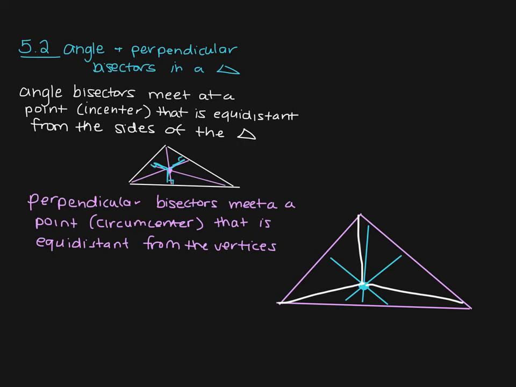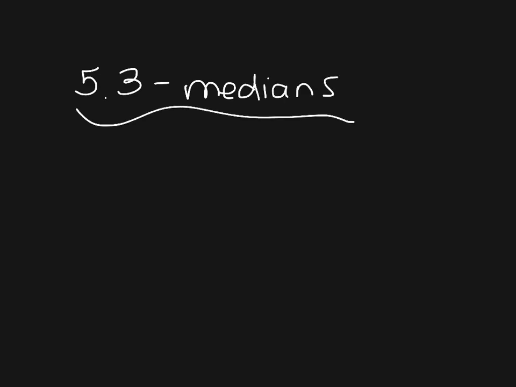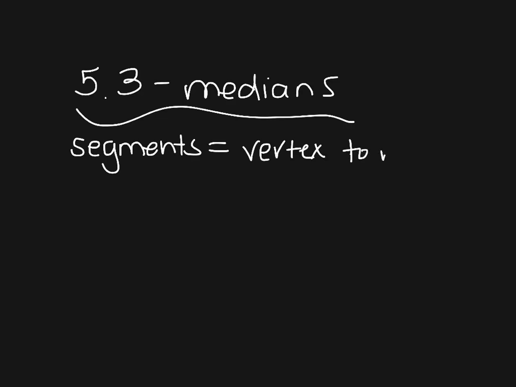And that was for 5.2. And then in 5.3, we got introduced to medians and altitudes, but you just need to worry about the medians. So the medians were the segments that go from the vertex to the midpoint of the other side.